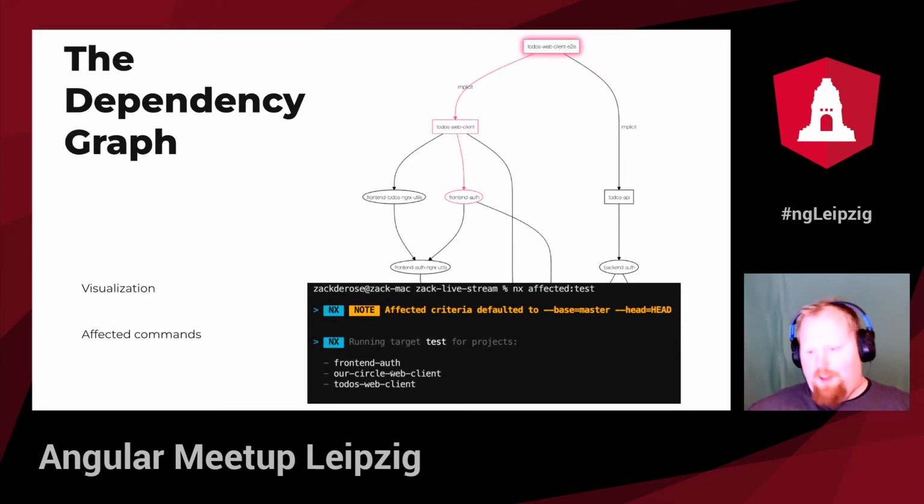You don't have to think about that anymore. You can just know, okay, I've got this nx affected test. I can press a button to run that and make sure everything's still passing. And also for your CI pipelines, this could potentially save a lot of time in terms of getting things checked off earlier. And this will work with building and end-to-end tests and linting as well. So super helpful there.